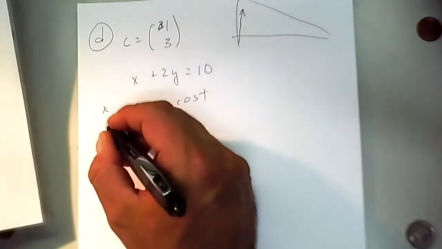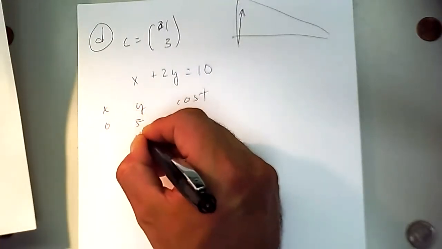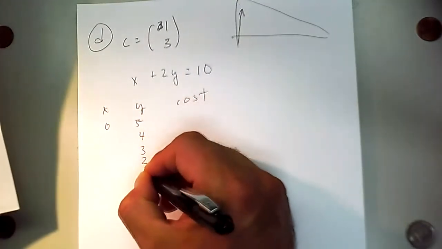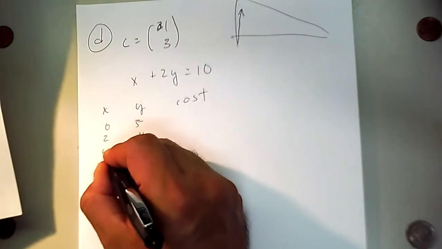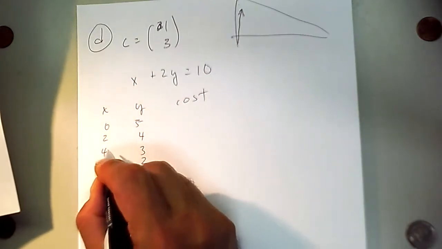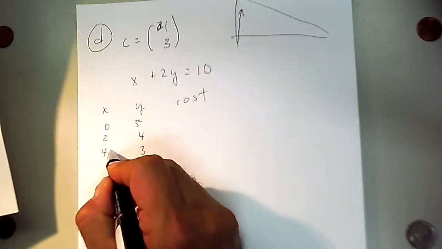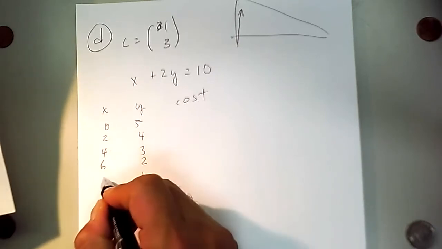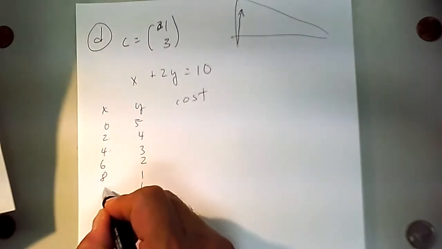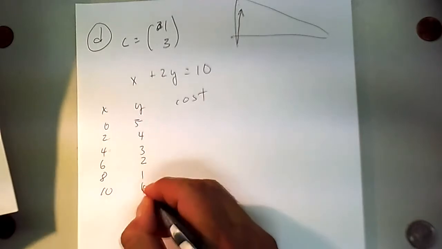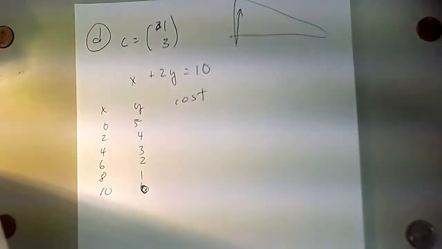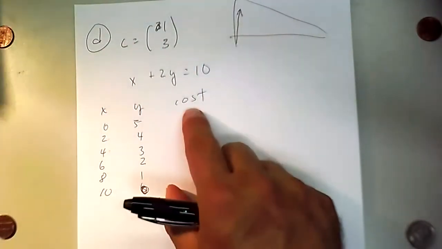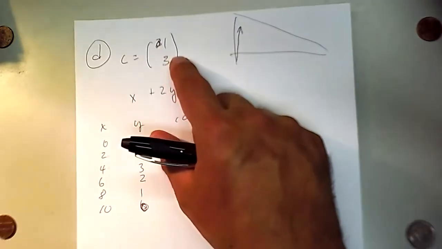It will be 0, 5, 2, 4, 4, 3, 6, 2, 8, 1, and 10, 0. Then the cost. So this says for every y we have to pay $3.